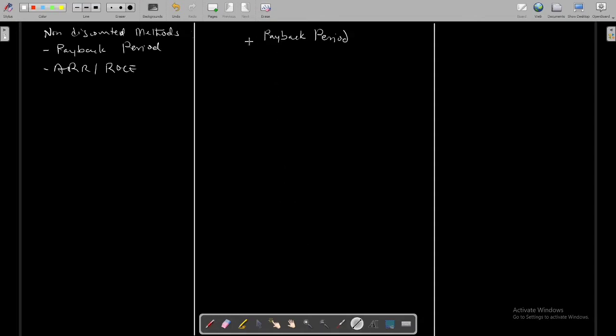Now the payback period, as the name goes, simply means the time it takes the project to pay back, or to recover its initial capital outlay, or to recoup the initial investment.